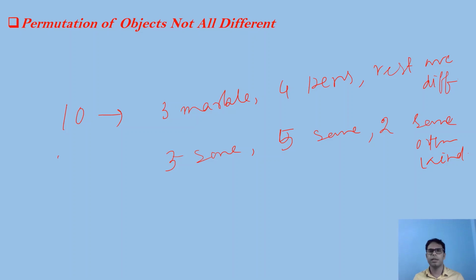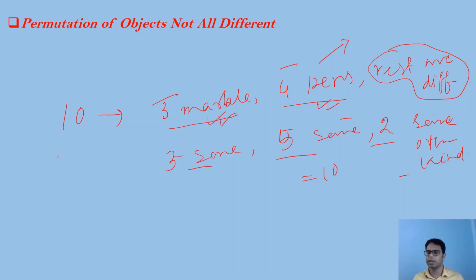So here the sum of these objects is equal to 10, but here the number of repeated objects is not equal to 10, because the rest are different. I am writing here, rest are different, but these are identical objects. 3 objects are identical, and here 4 objects are identical, but the rest are different. And here 3 identical, 5 identical, 2 identical, all total this is 10.